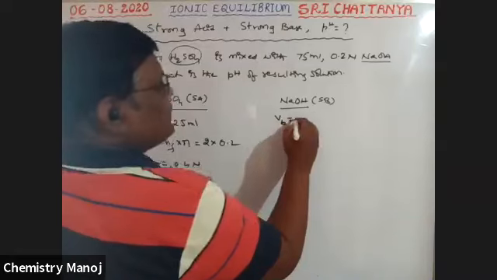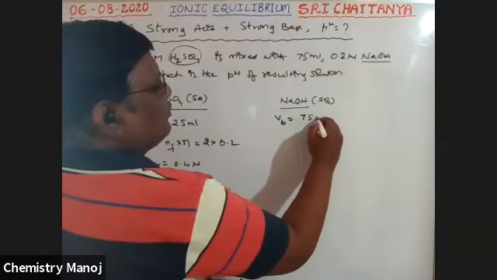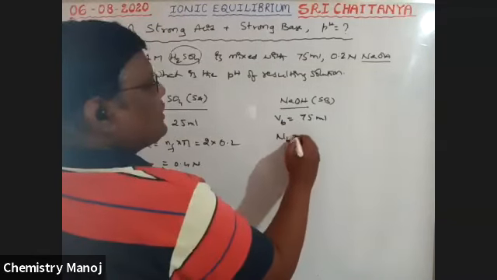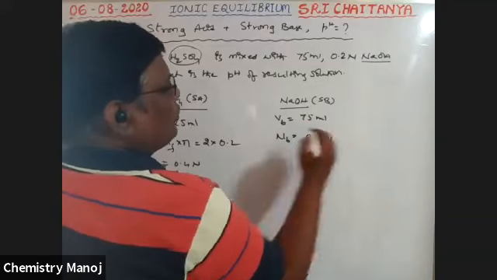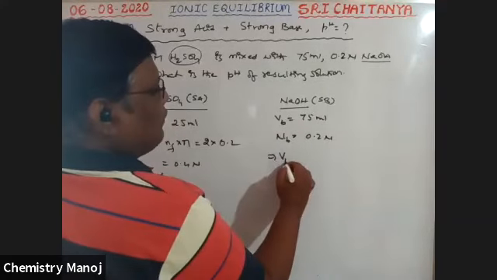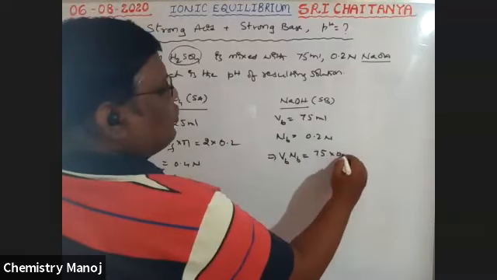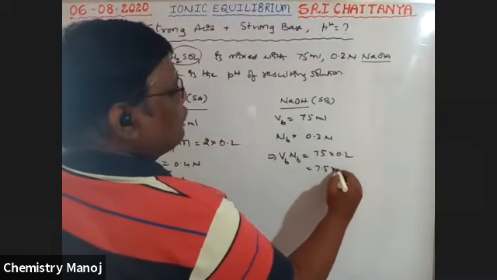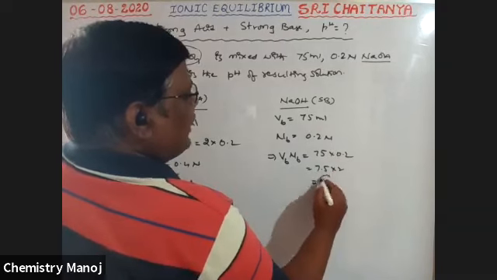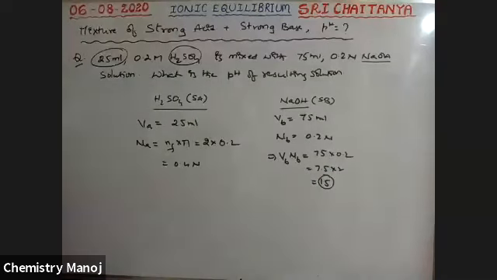Next, volume of base is equal to 75 ml. Normality of base is directly given to you, that is 0.2 N. That implies VB NB is equal to 75 into 0.2, which is equal to 15.